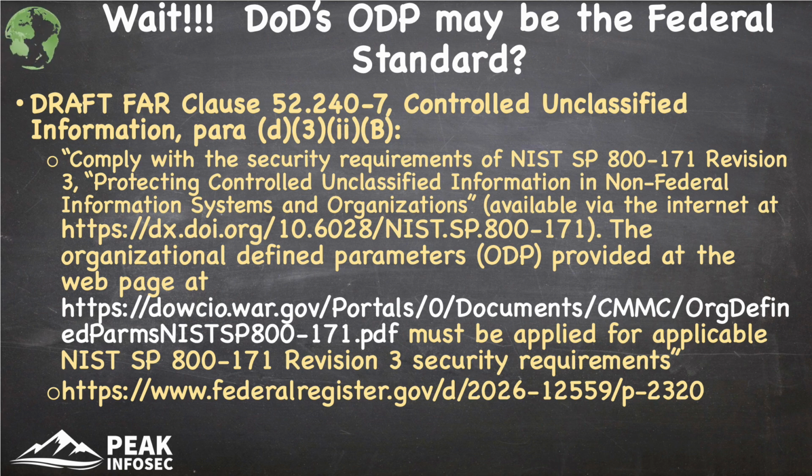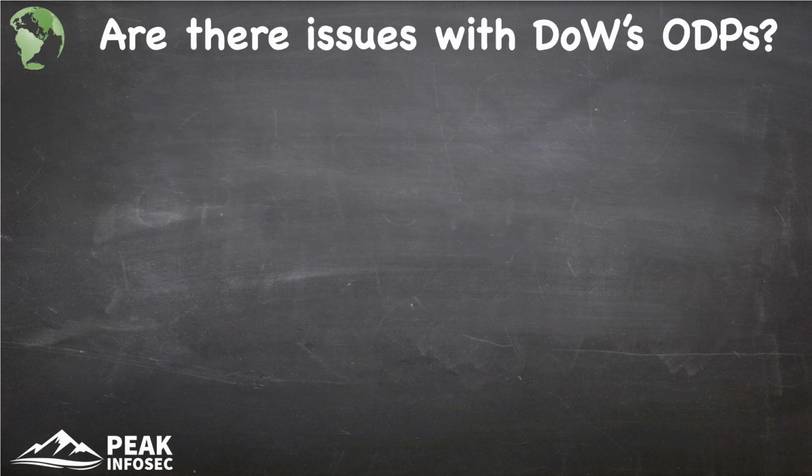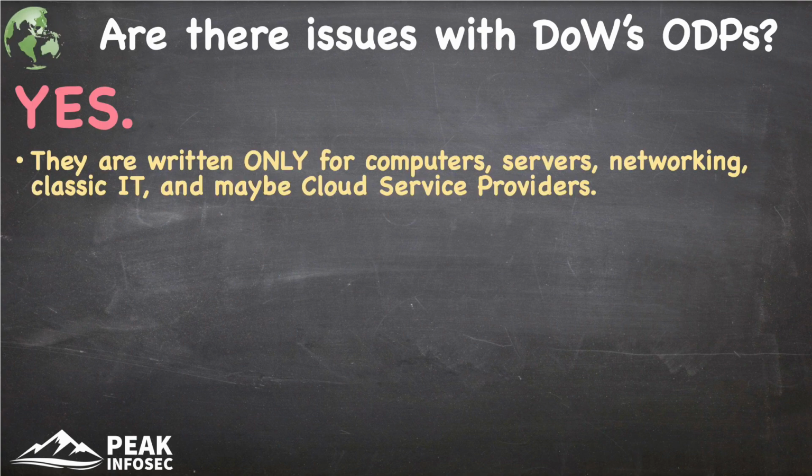This is one of the core problems we've got right now. As we dig into this, and in subsequent CMMC Churns, you're going to find there are issues within those ODPs. Unfortunately, when DoD/DOW wrote these, they were written only for computer servers, networking, classic IT, and maybe cloud service providers.